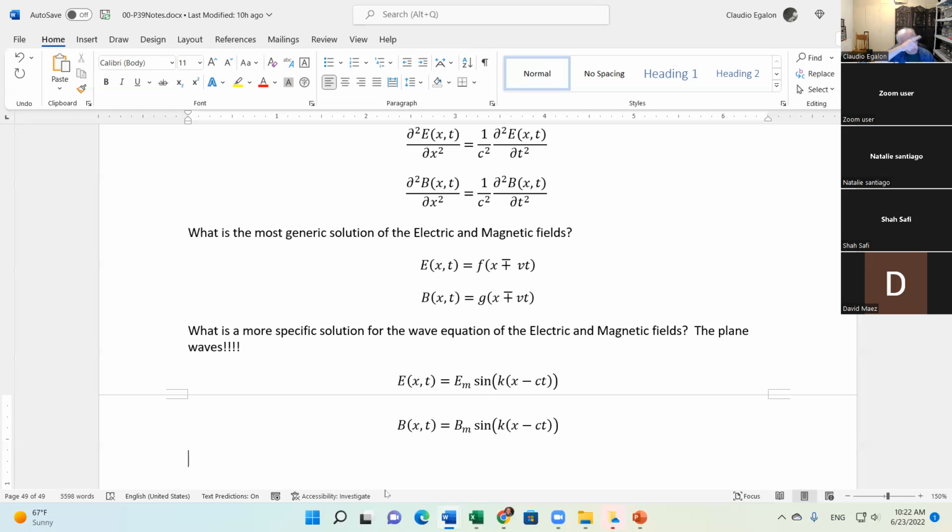We can get it to oscillate at 160 hertz. You can get it to oscillate at the frequency of your favorite radio station, right? 98.2 megahertz, right? And so on. Depending on the frequency, you're going to get a given wavelength.